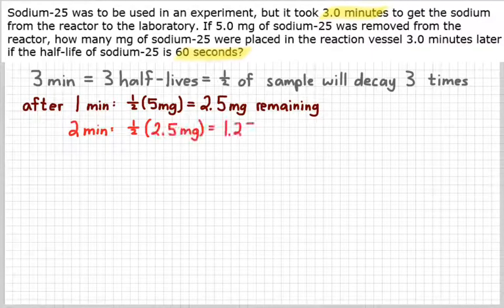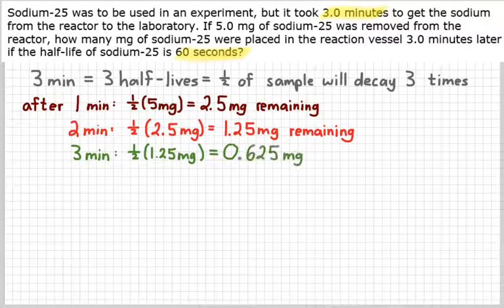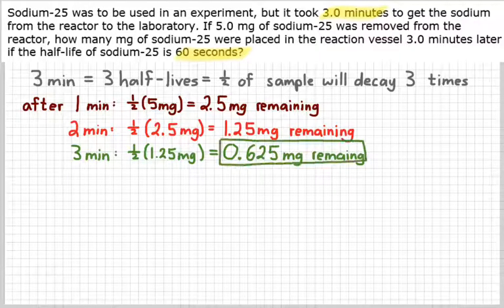After 2 minutes, another half of the sample has decayed, so half of 2.5 is 1.25 milligrams remaining. And then after 3 minutes, I've got half of 1.25 remaining, which is 0.625 milligrams. So after 3 half-lives have passed, I've got 0.625 milligrams of sodium-25 remaining.